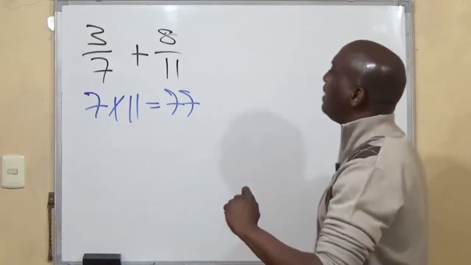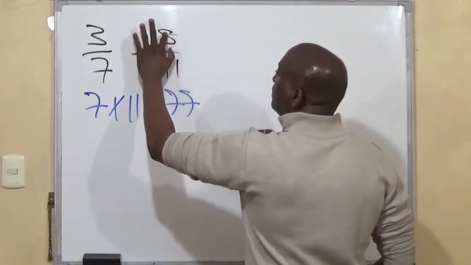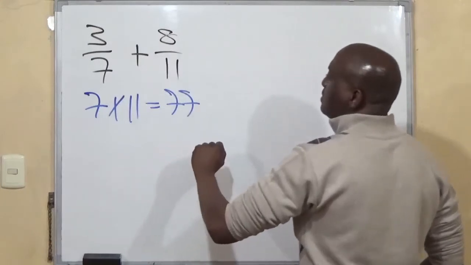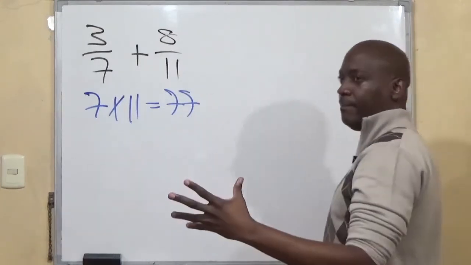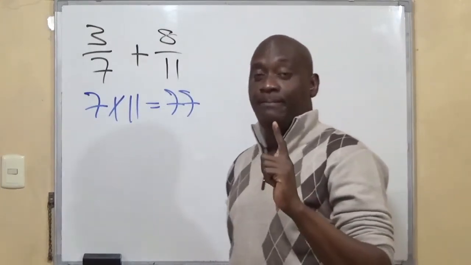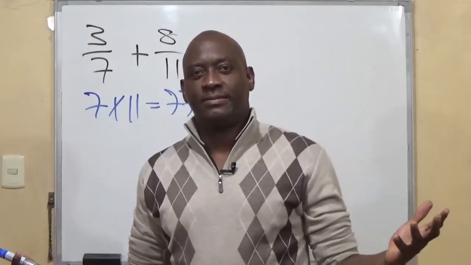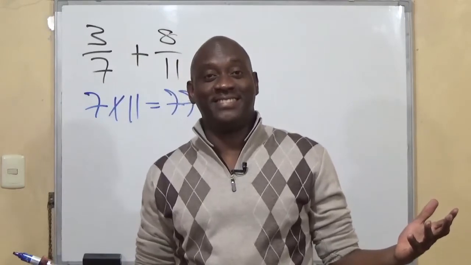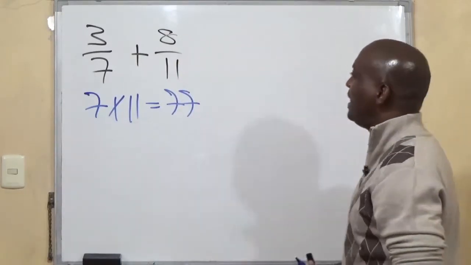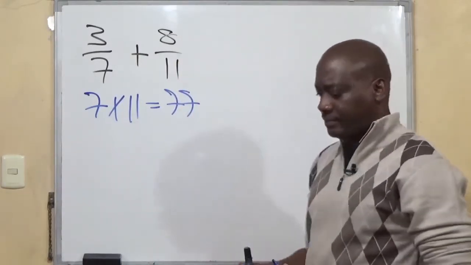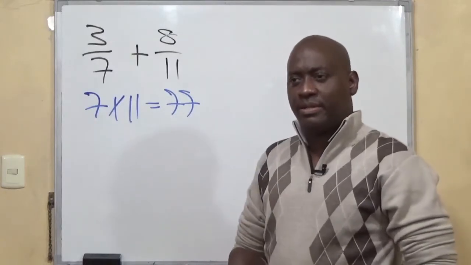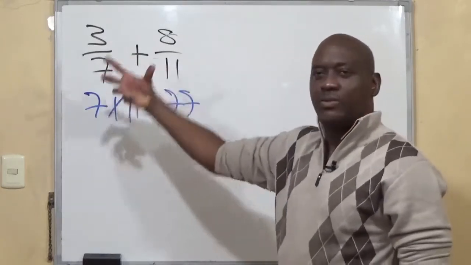So if we could rewrite these two fractions in a form where both of them have a denominator of 77, then we're done. Now, in the previous instance, where one was a multiple of the other one, we only had to change one fraction.